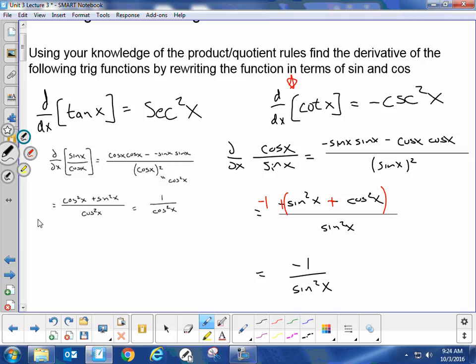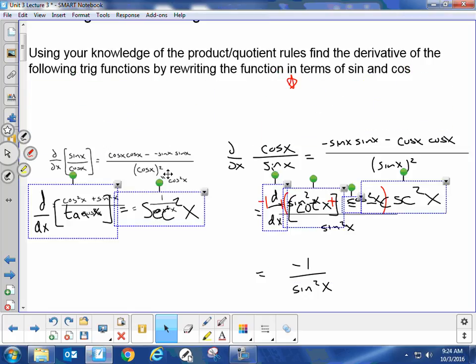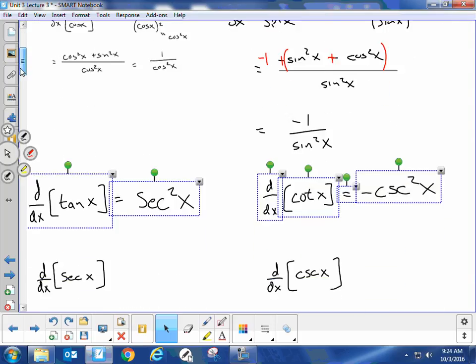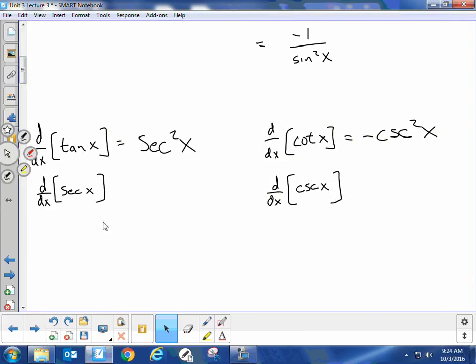Okay. Now, in the future, you are not going to have to do this derivation to find these derivatives. However, you will have to commit these to memory, along with the derivatives of secant and cosecant. We're not going to do the derivation, however, we could. The derivative of secant ends up being secant x times tangent x.